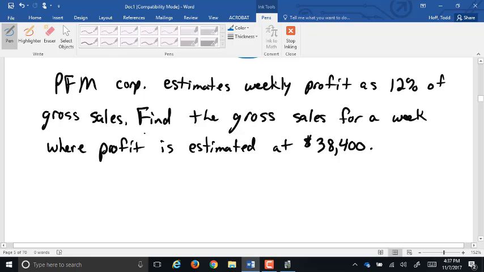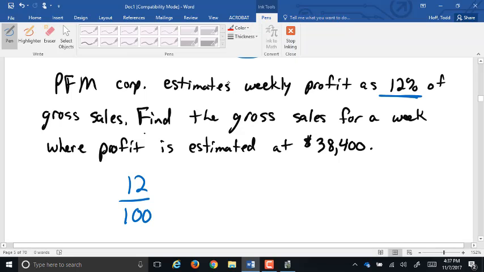Well, just like with our other problems, I am always going to start out with the percent. So here the percent is the 12%. So 12 over 100.